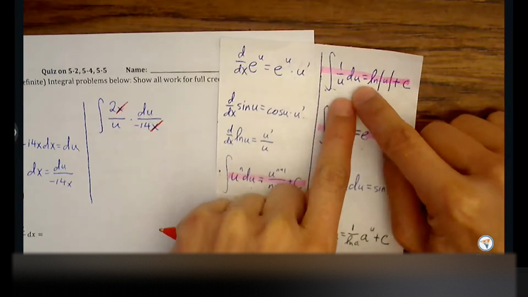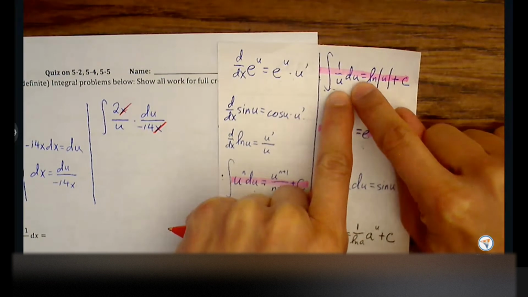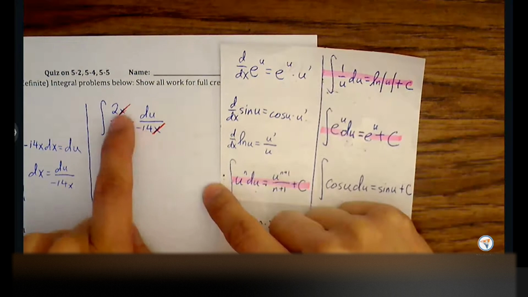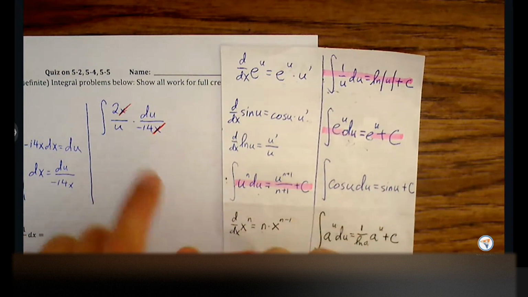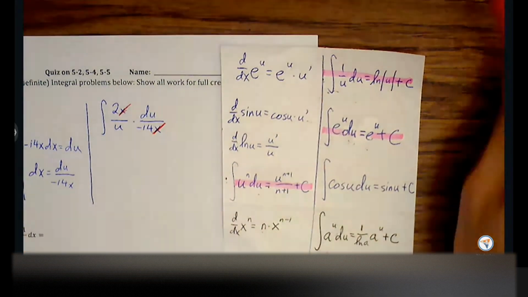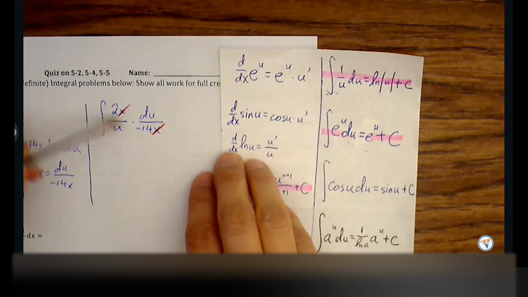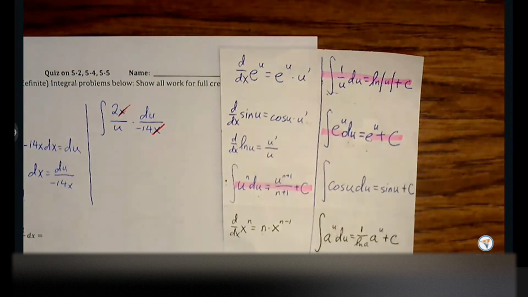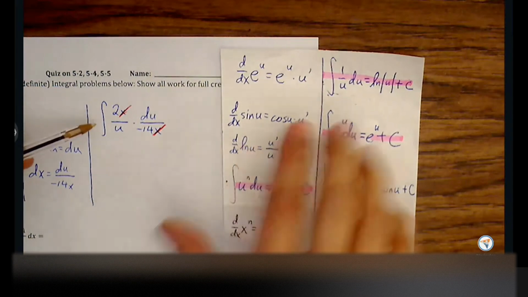These are part of the notation that we need, so we want it to look like this, right? We don't want those to go away. But what can I do with the 2 and negative 14? Simplify. What does that simplify down to be? Negative 1/7. Yep, and we're going to push it out front.